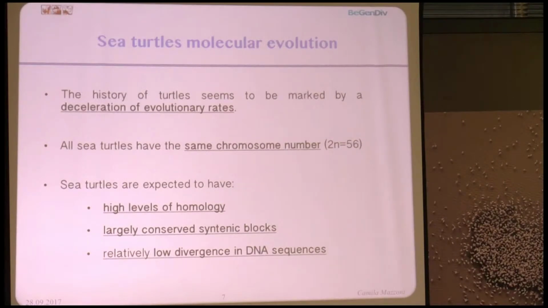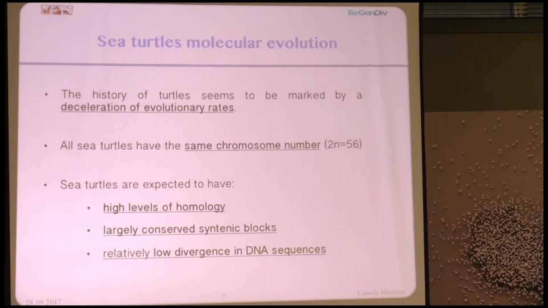So about the sea turtles' molecular evolution. The history of sea turtles seems to have gone through a deceleration of evolutionary rates. So they have not been evolving in their sequences as quickly as other animals. They all have the same number of chromosomes, and they are expected to have high levels of homology, which means the content of the genome should be very similar.